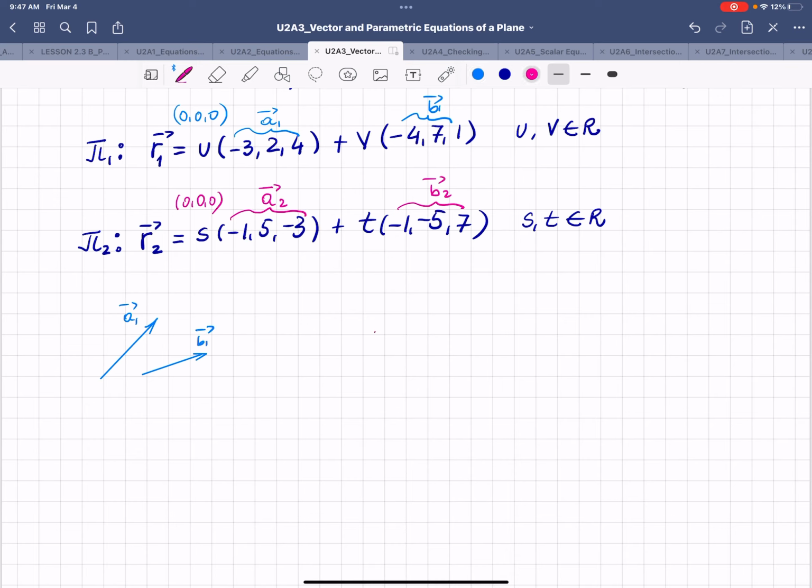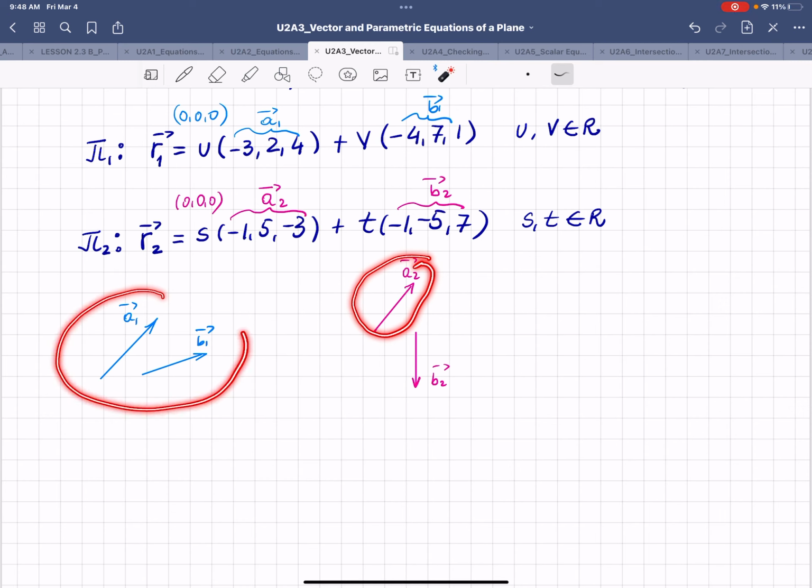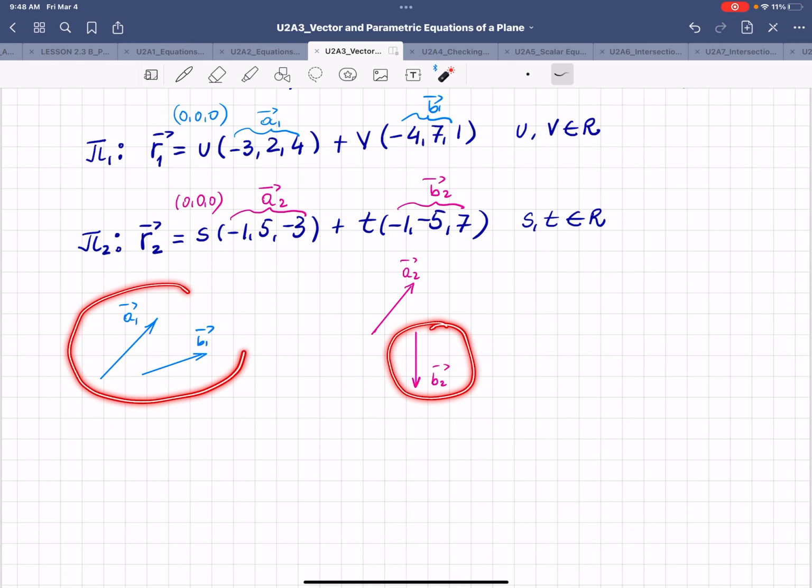Now, we also know that vectors A2 and B2 also lie on the same plane. If we want to prove that these two equations represent the same plane, then it is enough that we prove that A2 lies on the plane of A1 and B1, or B2 lies on the plane of A1 and B1.